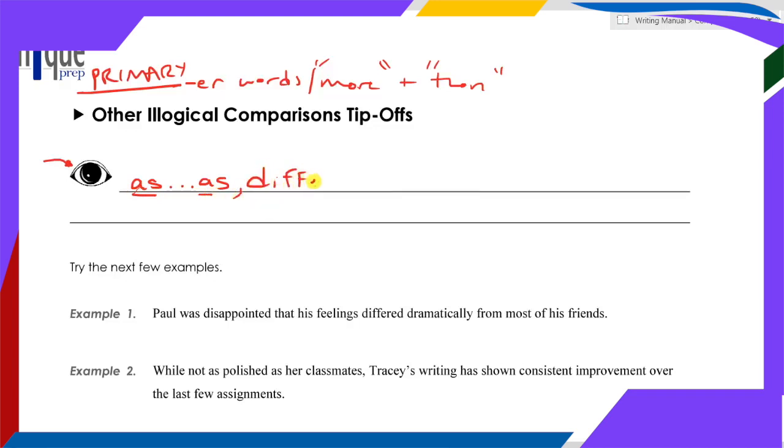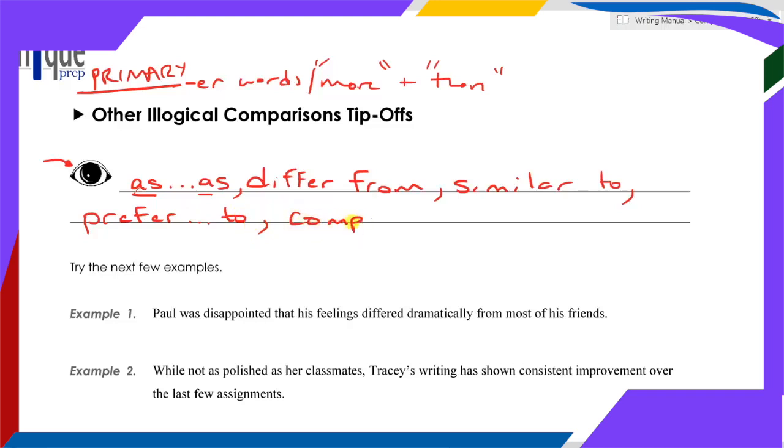Differ from, okay, that would indicate that a comparison is being tested. Similar to would indicate that a comparison is being tested. Even something like prefer something to something else, that would indicate that a comparison is being tested.